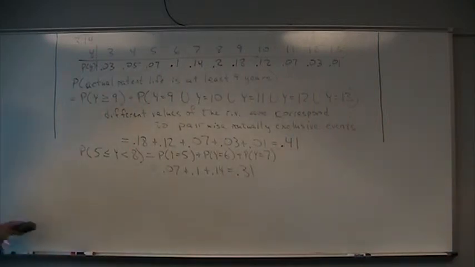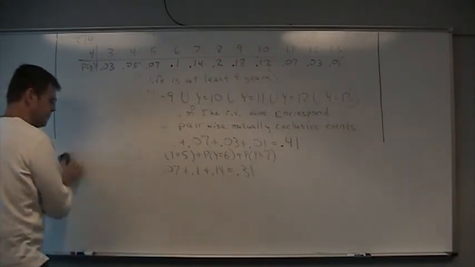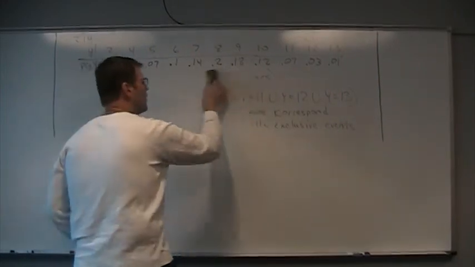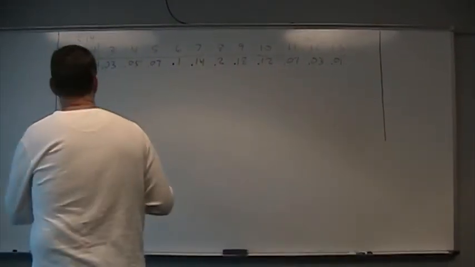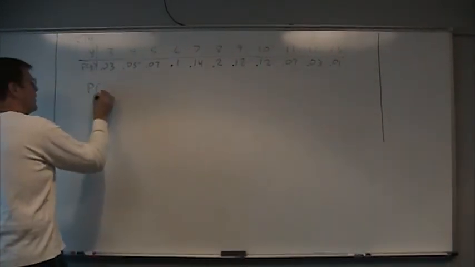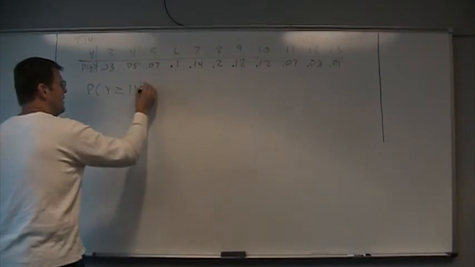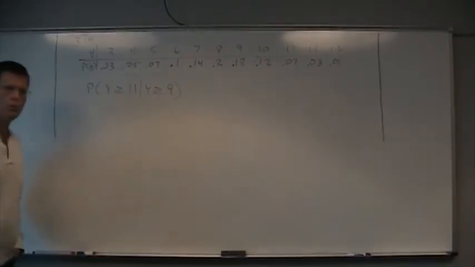One more example using this table. Let's say we're interested in the probability that y is greater than or equal to 11, given that y is greater than or equal to 9.